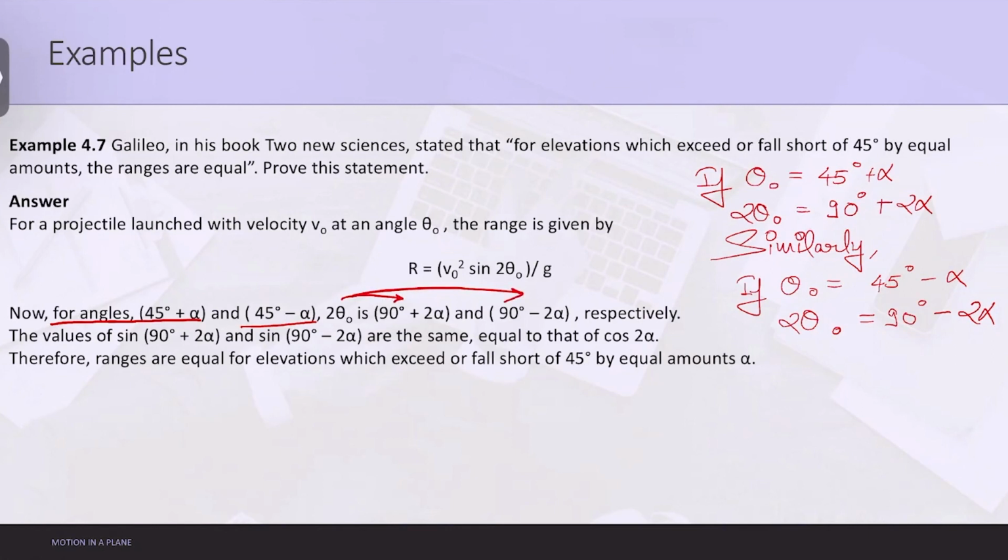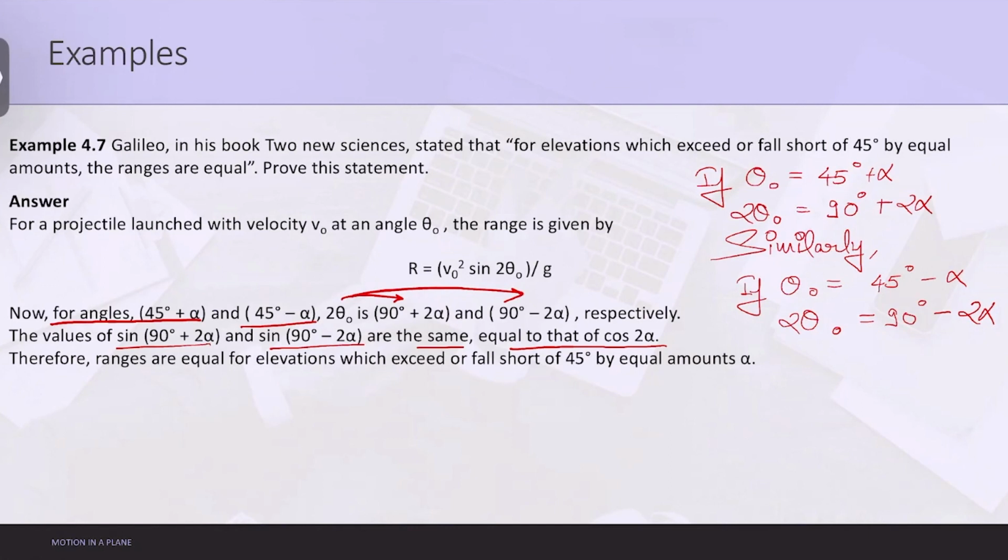And now the values of sine of this and sine of this are the same, equal to cos 2 alpha. It's a mathematical trigonometric identity, so I won't go into the expression of this. It uses the formula sine a plus b and sine a minus b. So sine a plus b is sine a cos b plus cos a sine b.